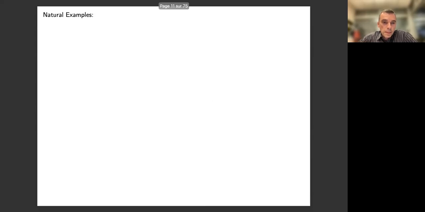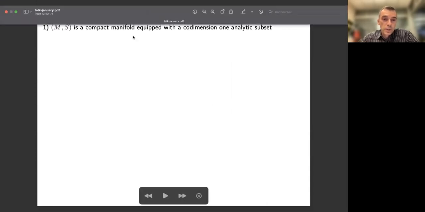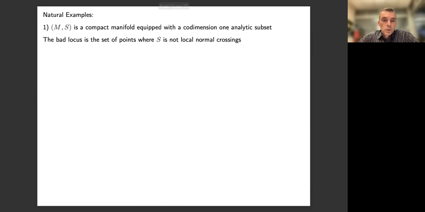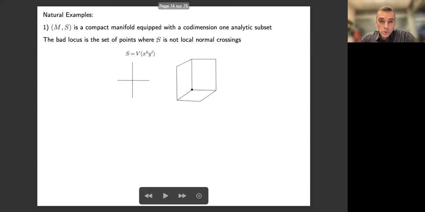Okay, so I'm going to give some examples. Of course, the zero example is the case where you have a compact manifold equipped with a codimension 1 analytic subset. In this case, tradition says that we call the bad locus the points where S is not normal crossing, not local normal crossings.